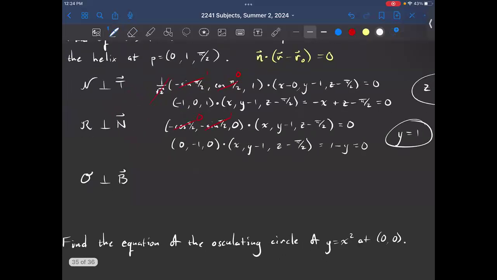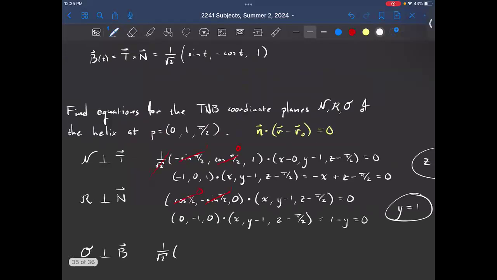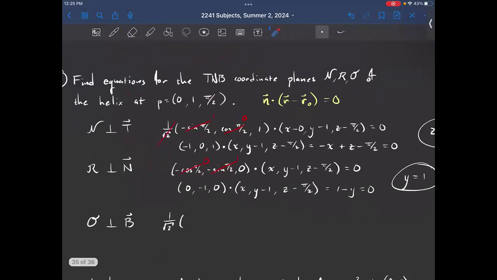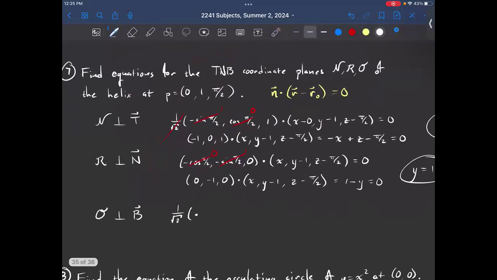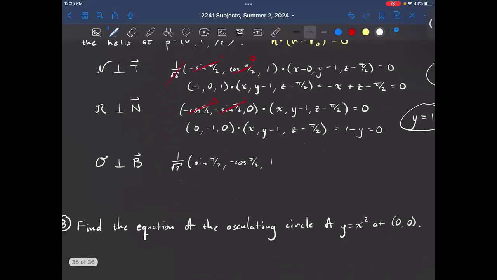All right. Last is our osculating plane. And this one, I remember, is going to have a 1 over root 2. And we'll use b as our normal vector. So sine of pi over 2, minus cosine of pi over 2, and then I believe that's a 1. Yes.